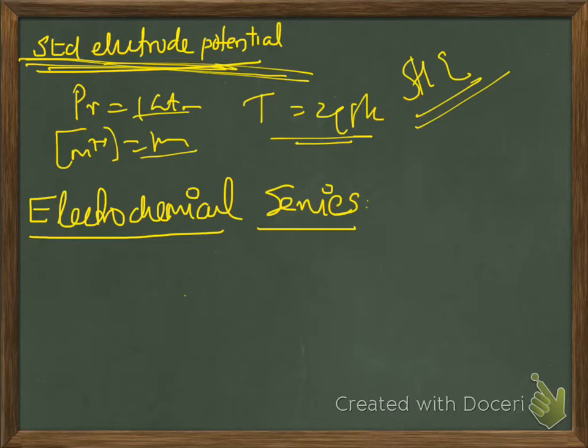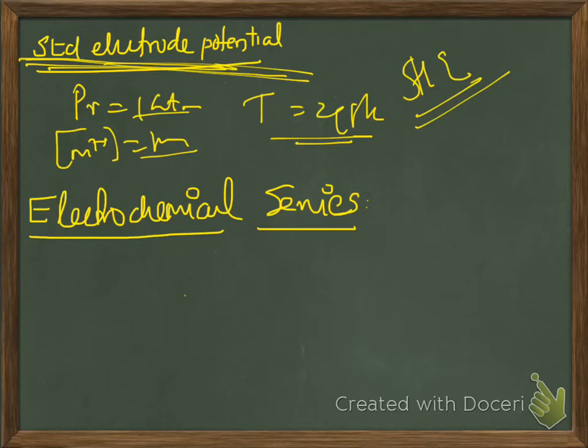So for convenience, this primary reference can be substituted by some other secondary references such as calomel electrode. That also you have studied in your UG classes. If you have any doubt about it, you can refer to the textbooks.